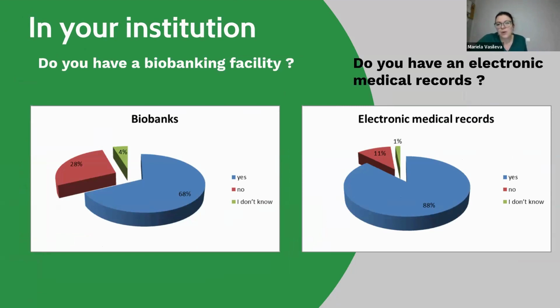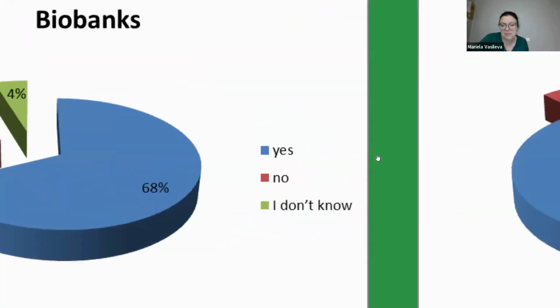Secondly, we asked, do you have electronic medical records? This is a very modern topic now in my country, and we are in the process of establishing this system. It's very useful for research for sure, and still there are countries and people that don't use electronic medical records, and I'm not sure, Bulgaria is in a borderline situation at the moment.